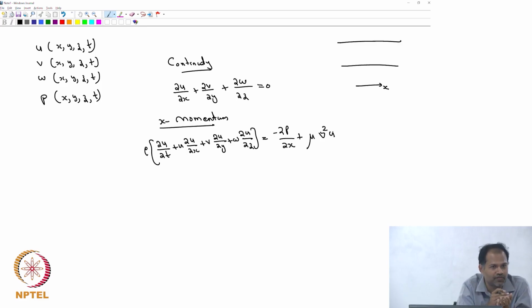So, what is the best that we can do? This person Reynolds, who did the Reynolds number experiment that you are familiar with, came up with this idea called Reynolds averaging.